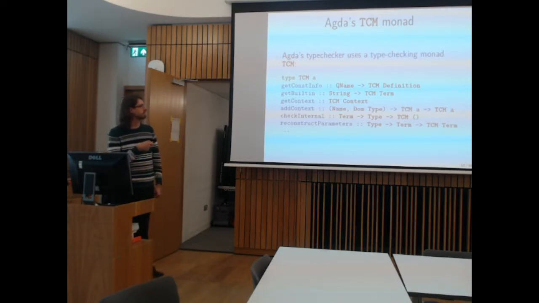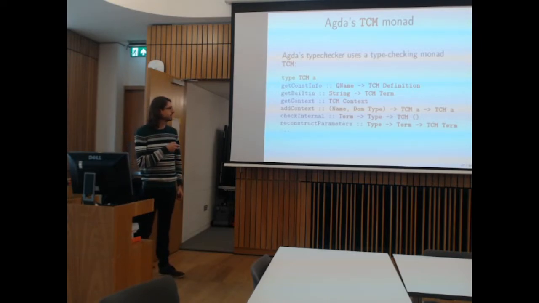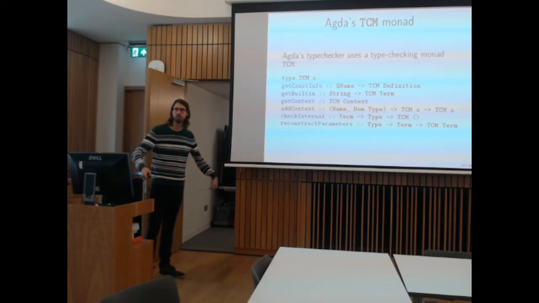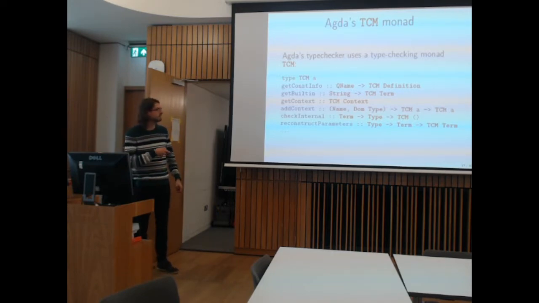We can get information about defined symbols, with getConstInfo. We can get information about built-in primitives of Agda. We can get information about the context, so about the bound variables. We can add things to the context, so add a new variable to the context locally, which means doing this TCM operation in an extended context and then resetting it again.